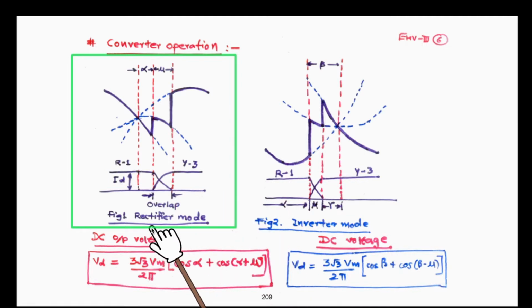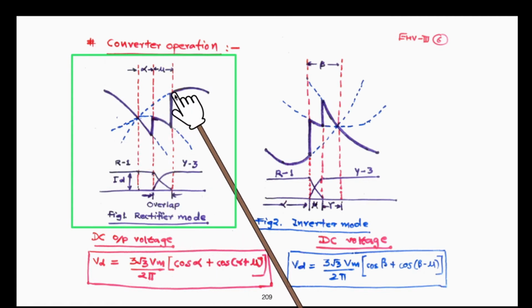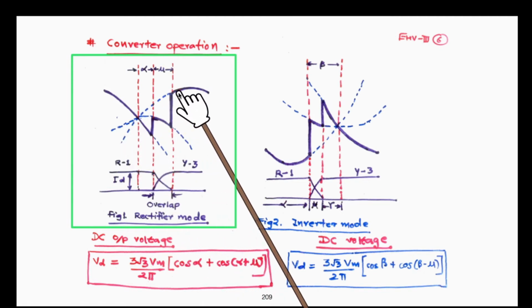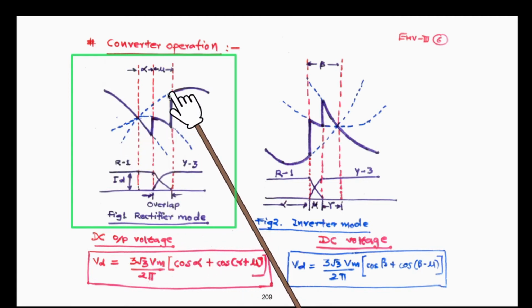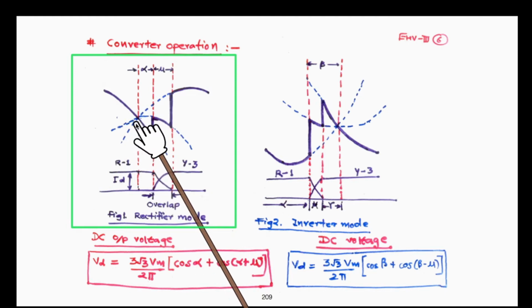It is a three-phase rectifier, and these overlapping dotted characteristics indicate the line voltage crossover points. Later on this will be available across the DC output.